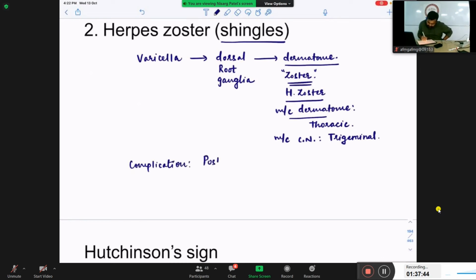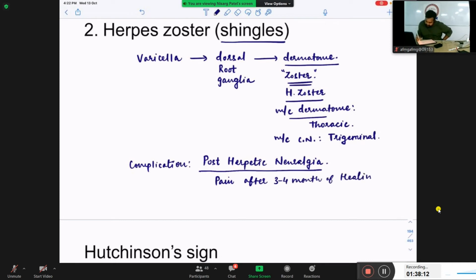It can cause post herpetic neuralgia, pain after 3 to 4 months of the healing. So the lesions are healed, but persistently the patient is having the pain. So remember the most common dermatome, cranial nerve, and complication.